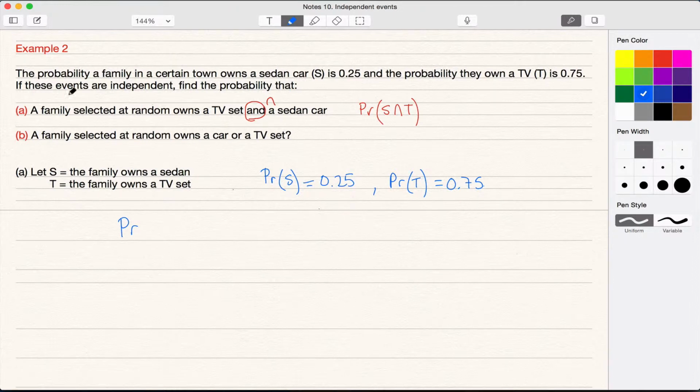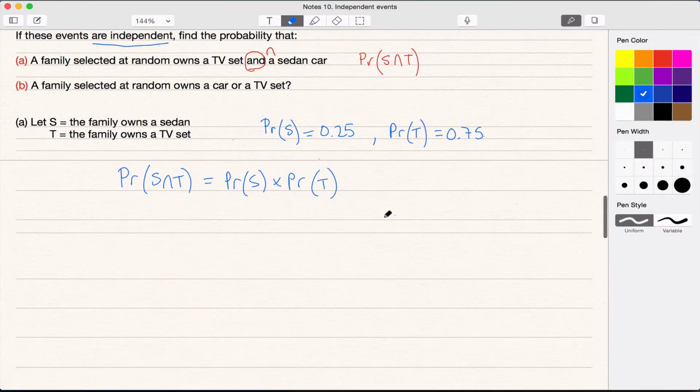Now, we've also been told in the question that the events are independent, so we can use our independent rule, which says probability of S intersection T equals probability of S times the probability of T. 0.25 times 0.75, and it equals 0.1875.